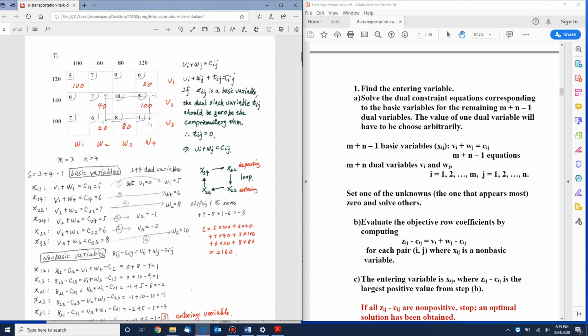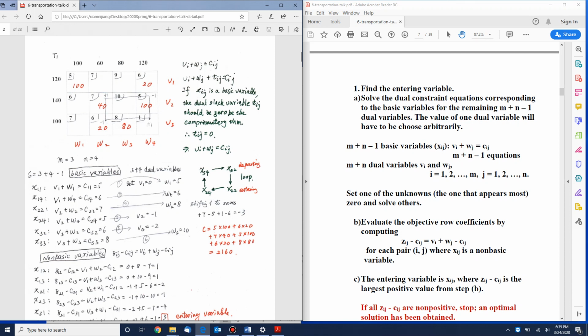So in this way, we solved all the dual variables: V1 equals 0, V2 equals minus 1, V3 equals minus 2, W1 equals 5, W2 equals 8, W3 equals 10, W4 equals 6.